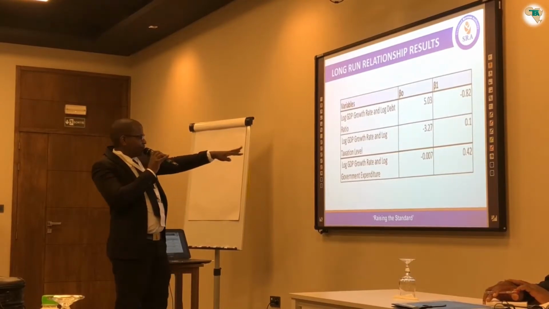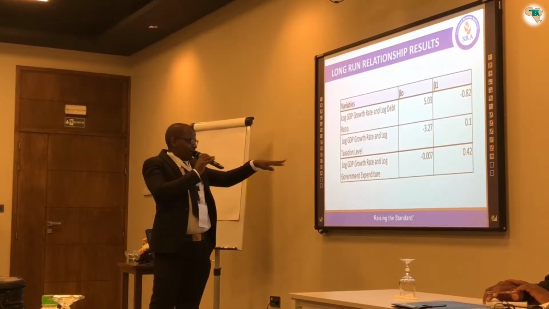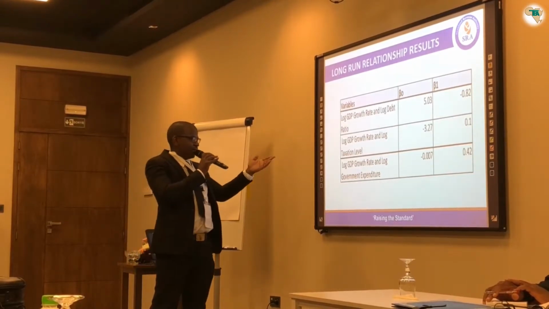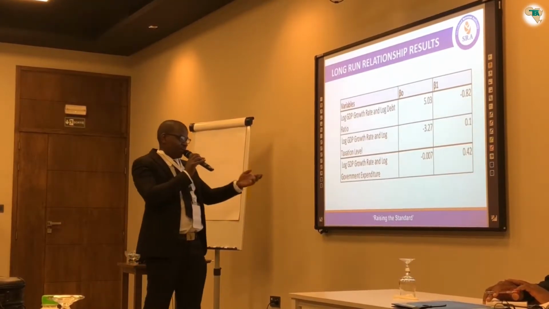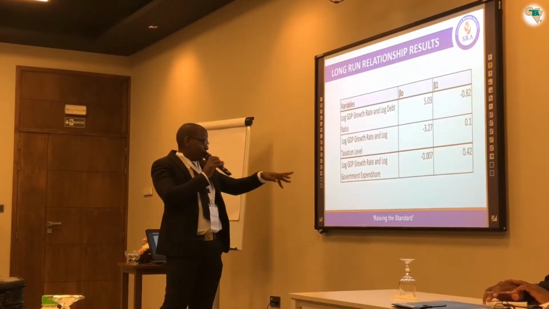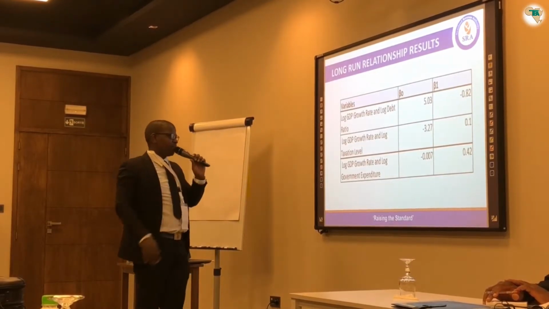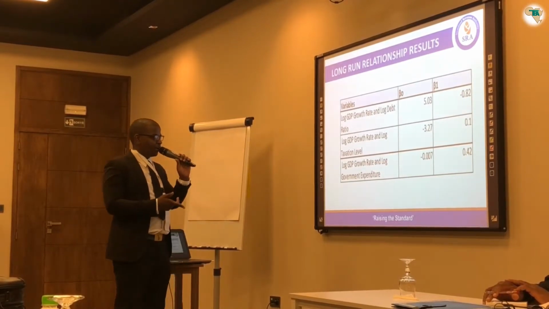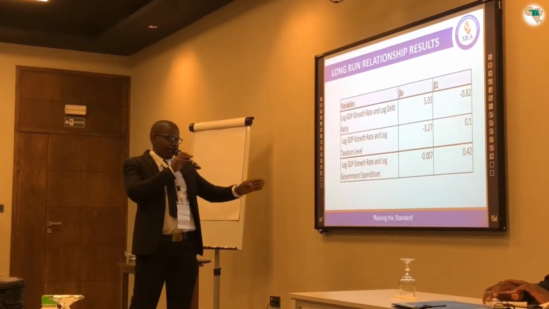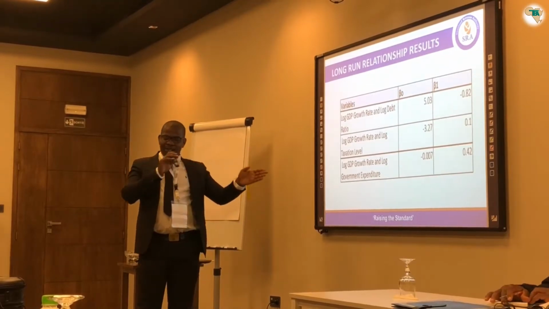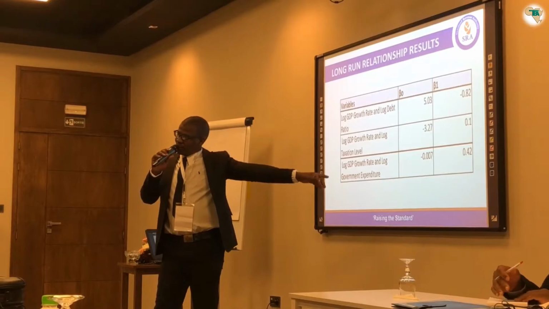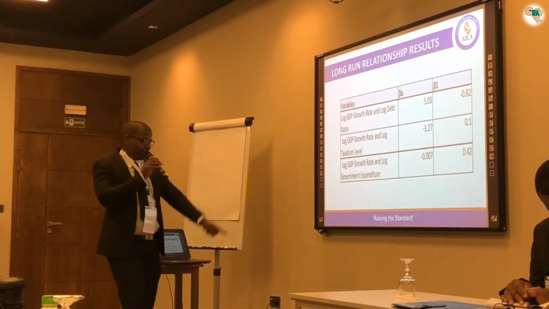And the level of taxation, surprisingly, has a positive effect on the GDP in the long run. I'll explain why when getting to the discussion. And lastly, government expenditure has a positive effect on the GDP in the long run. A 1 unit rise in government expenditure will lead to a 42 cents increase in GDP in the long run.